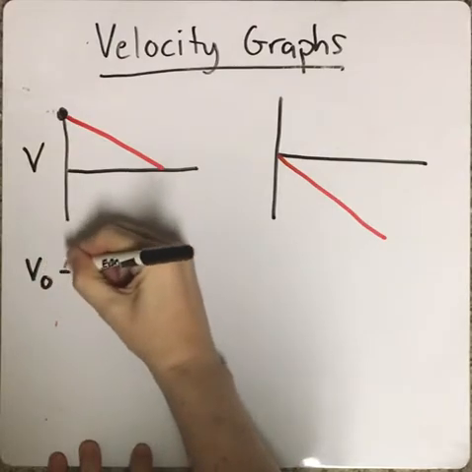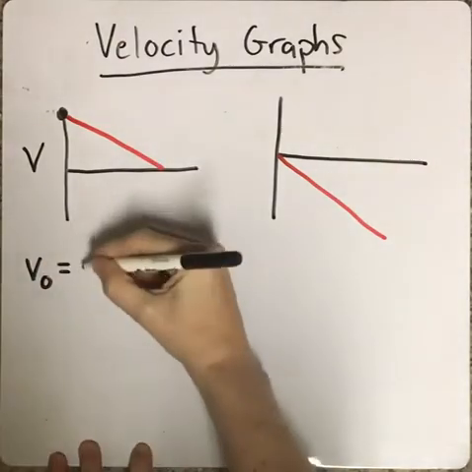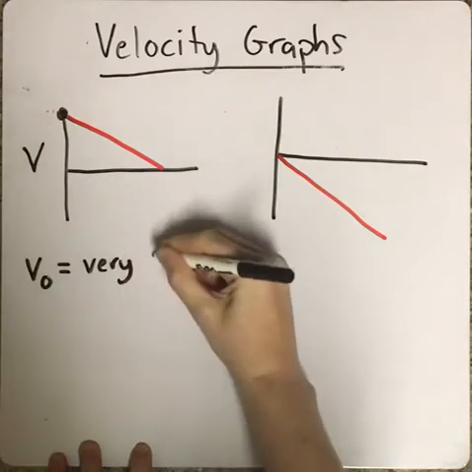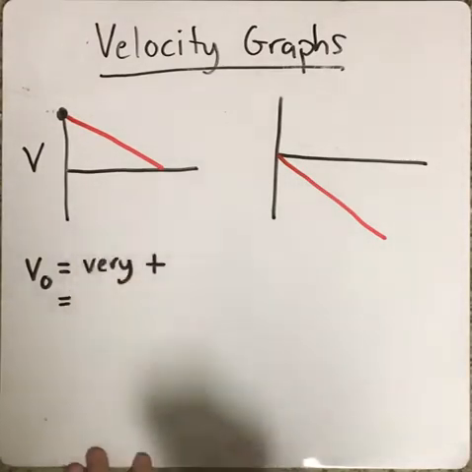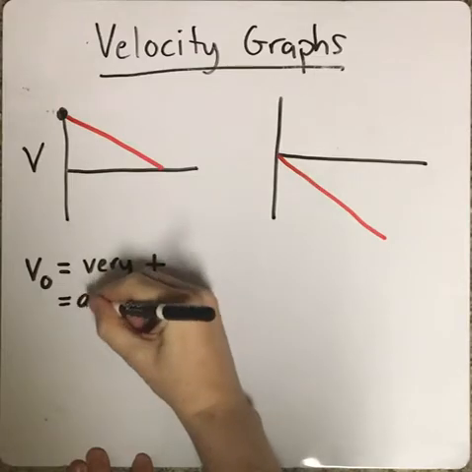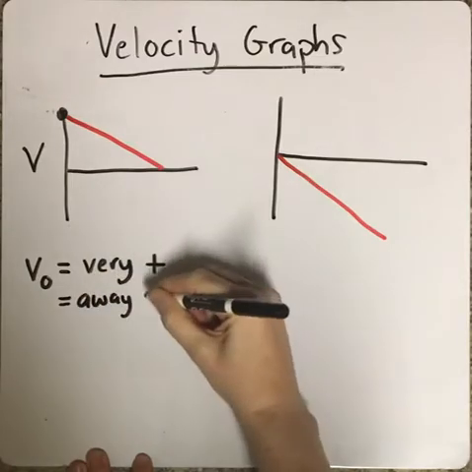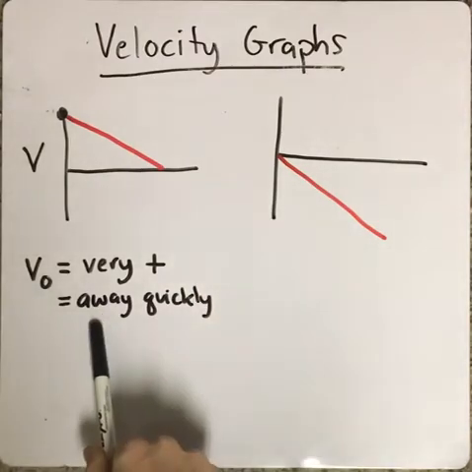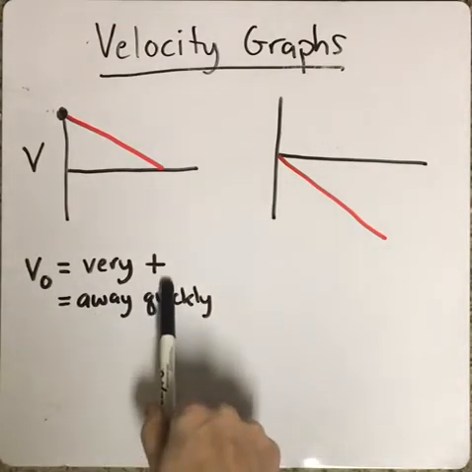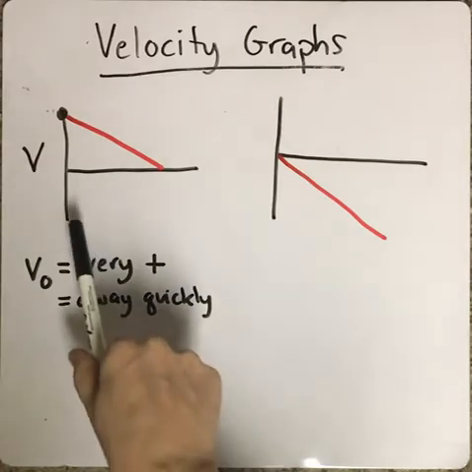So I'm going to say initial velocity, and I'm just going to write very positive because it's in the top quadrant and it's really far from zero. Remember that what this means, positive means it's moving away. So I'm going to write away quickly. I know to use the word away because it's positive, and I use the word quickly because it's so far from zero.